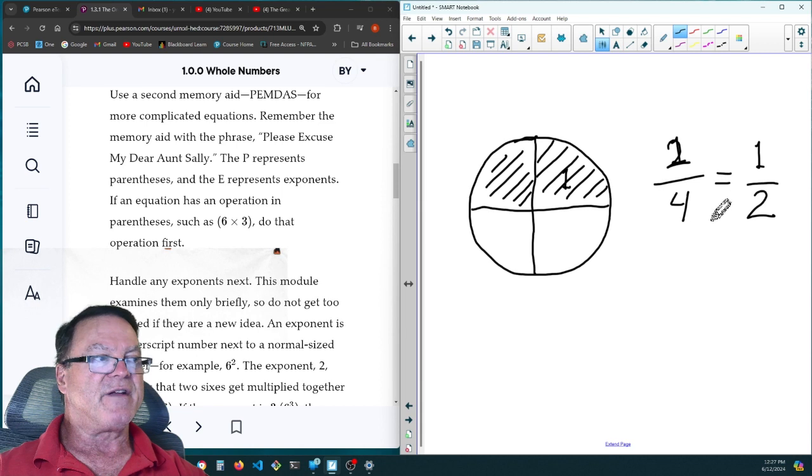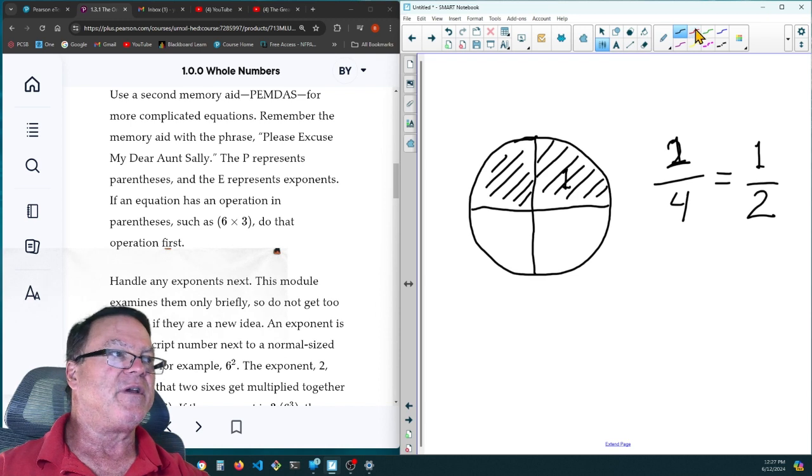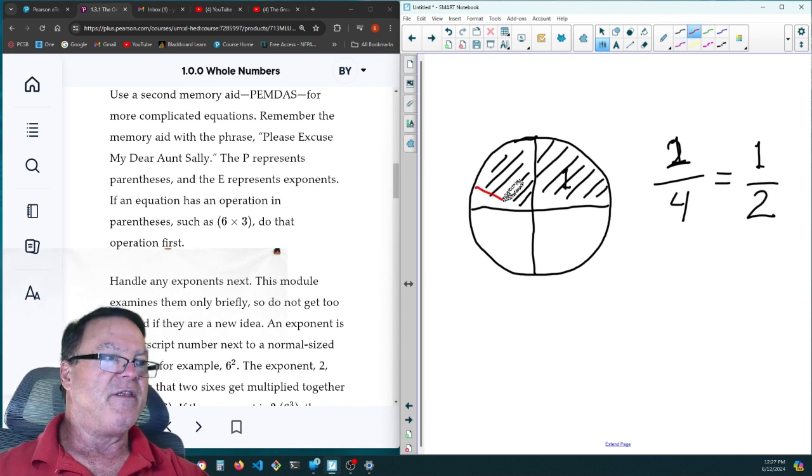So we want to reduce that fraction to its simplest term of 1 divided by 2. So in this example, I ate 2 of the 4 original slices of pizza. I've eaten 1/2 of the pizza. And if you look at the pizza, you can see this is indeed 1/2 of the pizza.